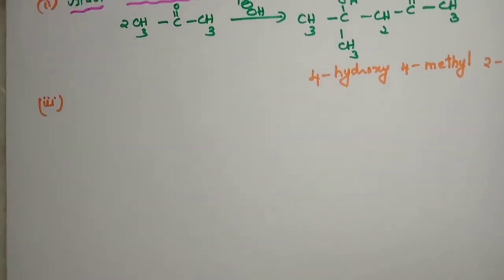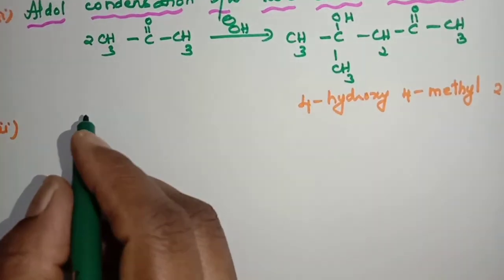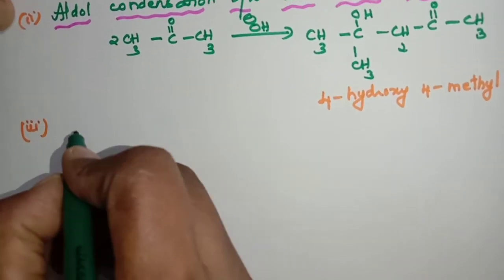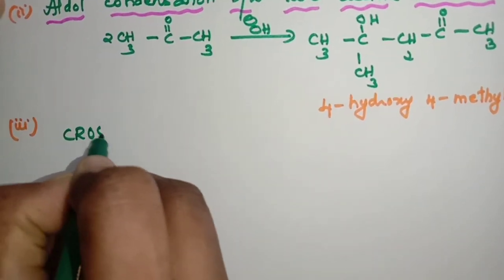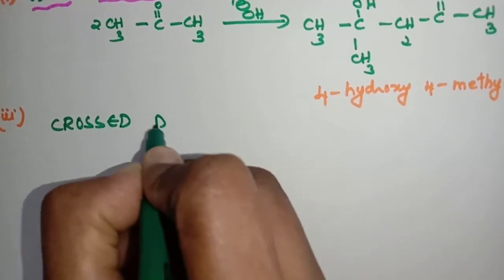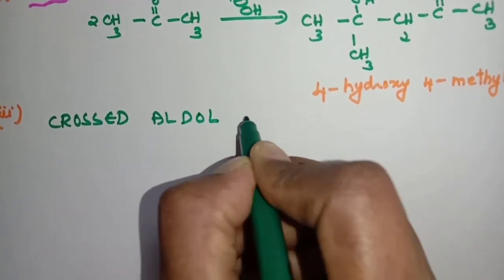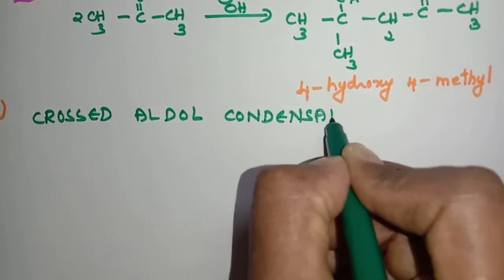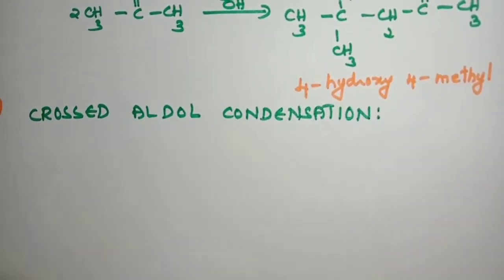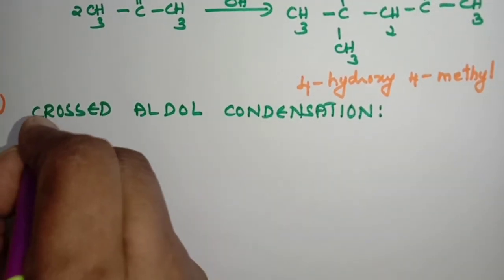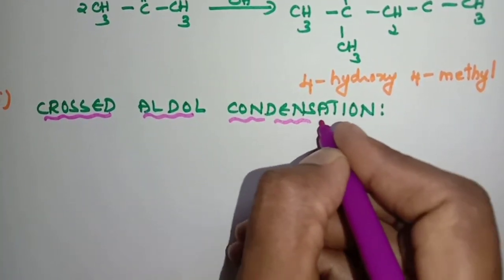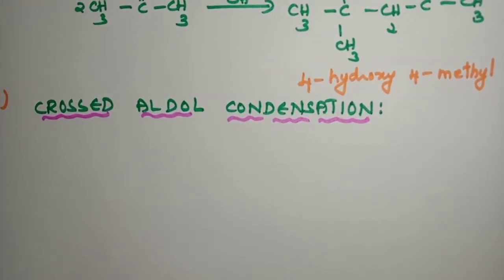So third example, aldol condensation between two different molecules, that is called crossed aldol condensation. So in the previous two examples we have taken the same or similar molecules, two aldehydes and two acetone molecules.